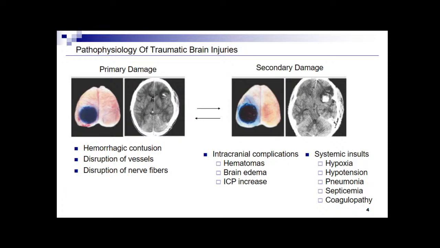Systemic insults mean systemic manifestations of brain trauma, caused by systemic failure of physiological systems such as hypoxia, hypotension, coagulopathy, and delayed infectious complications such as pneumonia, hypostatic pneumonia, and septicemia as a result of bacterial contamination of, for example, a wound or severe inflammatory diseases, for example, septic pneumonia.